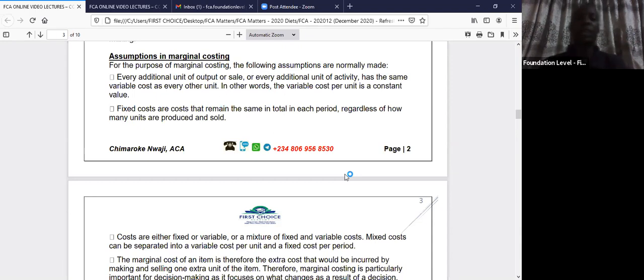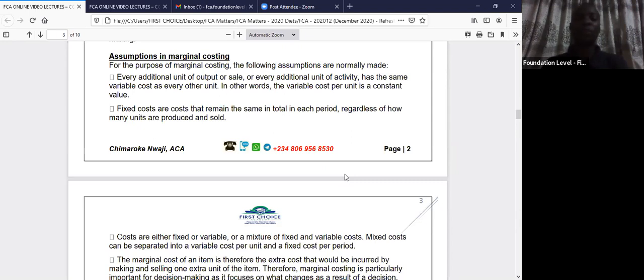Now, what's the difference between 1,100 for 101 loaves and 1,000 for 100 loaves? It's 10 naira. Just that one additional unit is giving you the same variable cost. What does that tell you? It tells you that variable cost for each unit is constant. So anywhere you take it to, 1 loaf of bread, 10 naira.